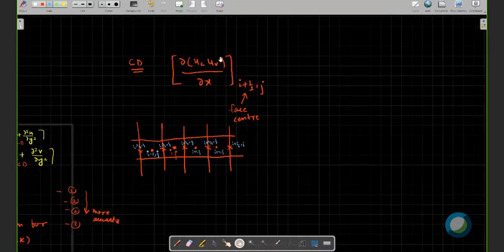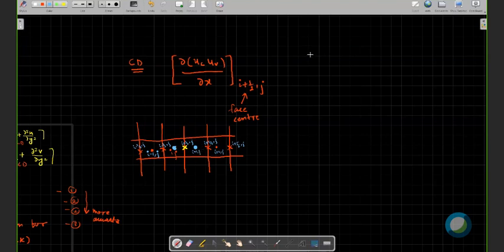So this is the particular discretization for central difference. Now this central difference is very easy. Central difference at i plus half has to be done for these 2 points, the average of the neighboring cell centers. So for this particular point, you take the average of this and this.